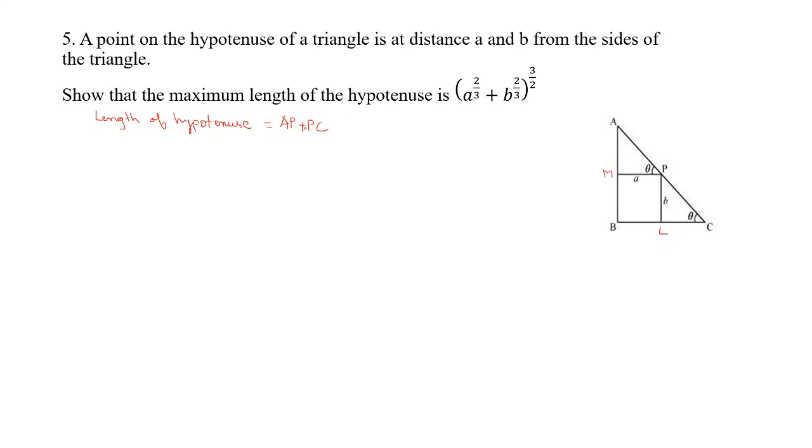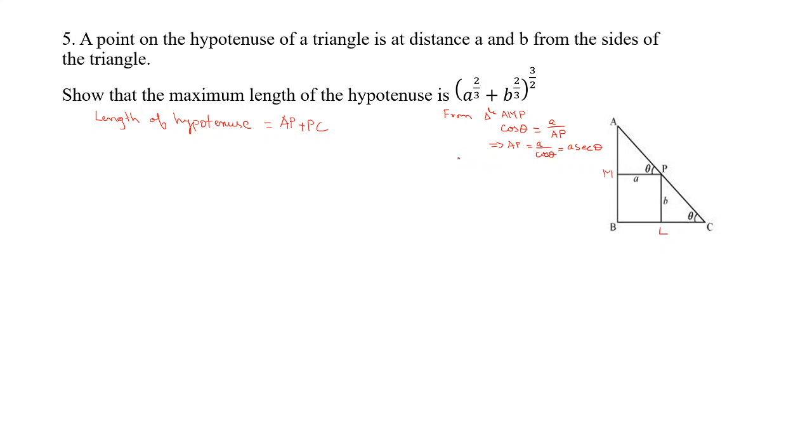Now we will write AP and PC in terms of the angles. So from triangle AMP, cos theta equals A by AP. So that implies AP equals A by cos theta, or A secant theta.